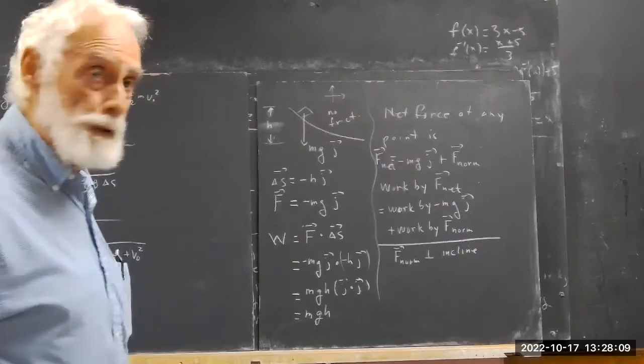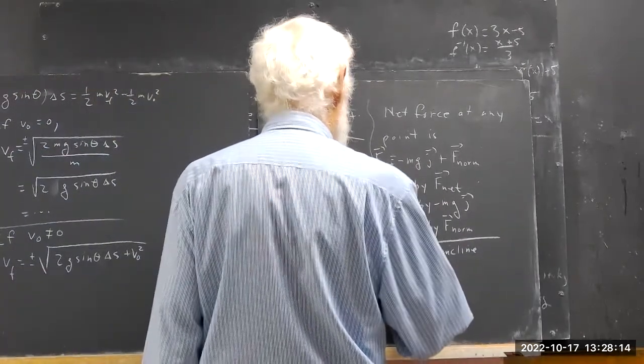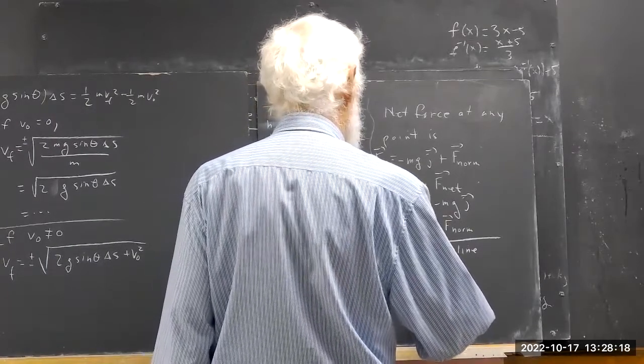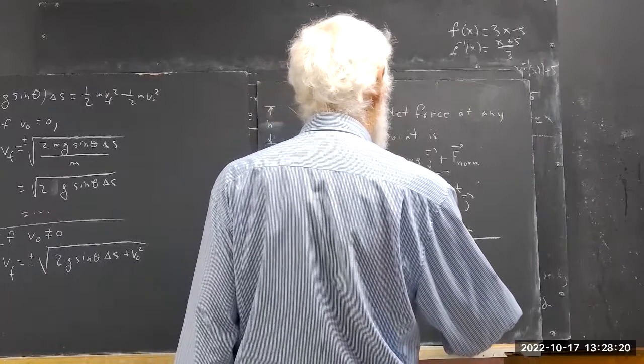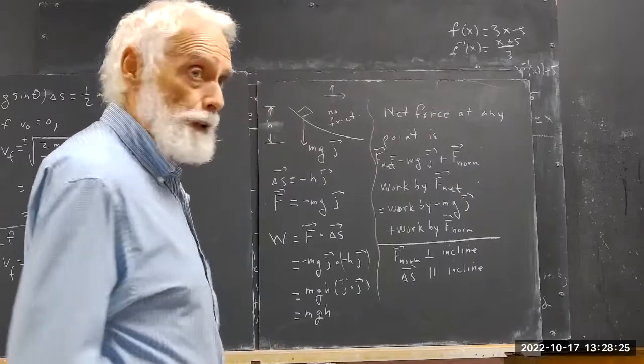F norm is perpendicular to the incline. Delta S is parallel to the incline, okay?